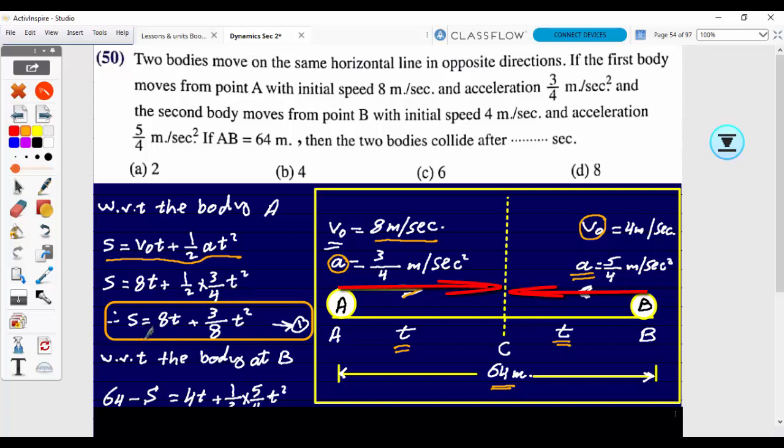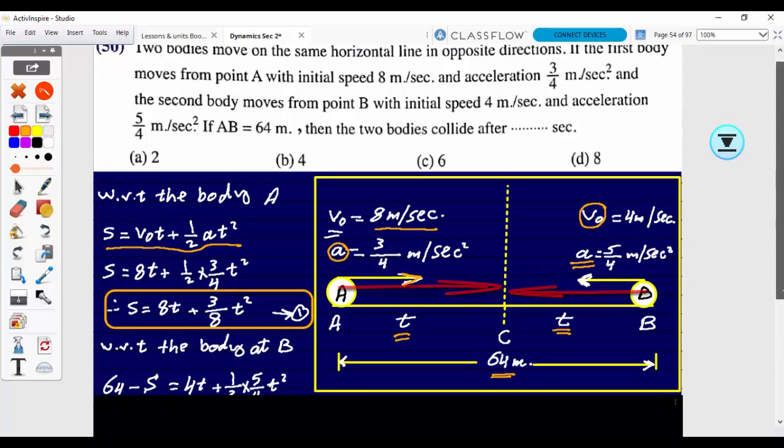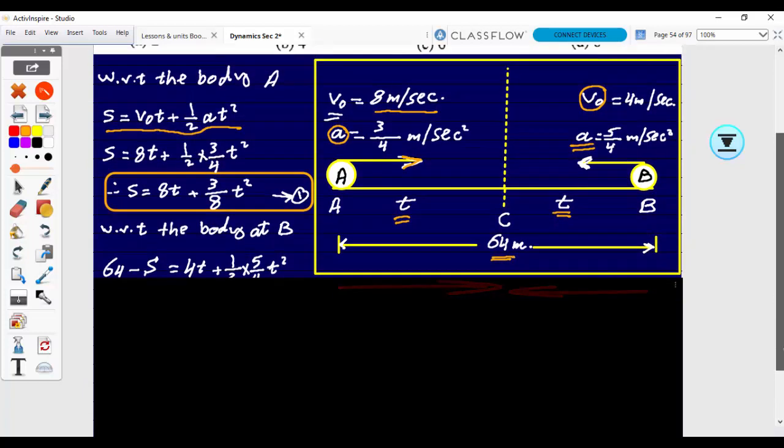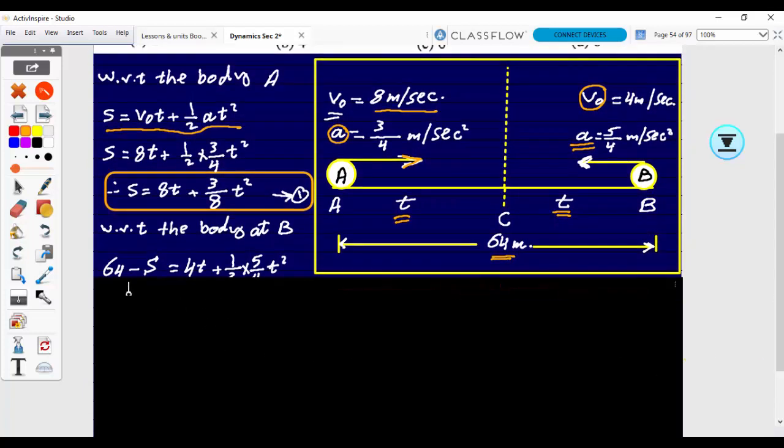So s equals 8t plus 3 over 8 t squared. And this is equation 1. Now, with respect to the body at B, the distance will be 64 minus s, if we consider this distance from A to C equals s here.